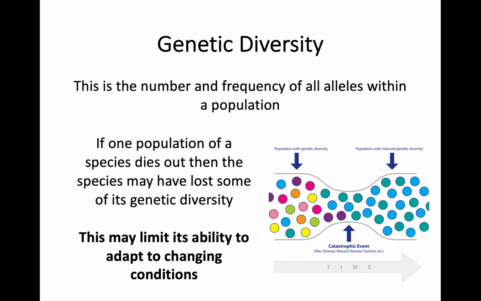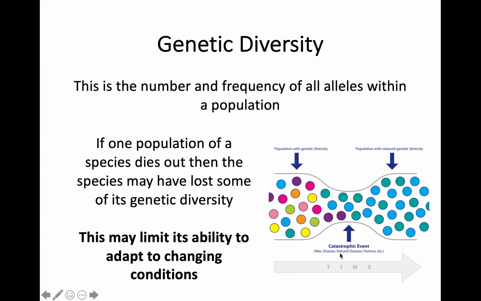If you lose certain populations of your species, you lose genetics, you lose a mix of alleles, and that may actually limit your ability to adapt to changing conditions. If you go back and think of the process of, say, speciation and evolution, if you were to lose the genes of a population and an event were to happen that you could not adapt to, through that loss of genetic diversity, that's going to be a bad thing for you.